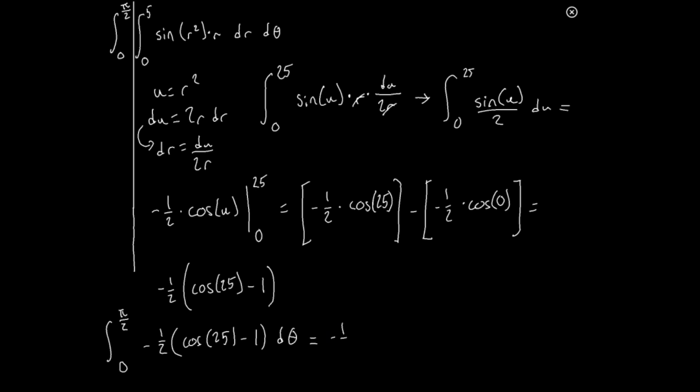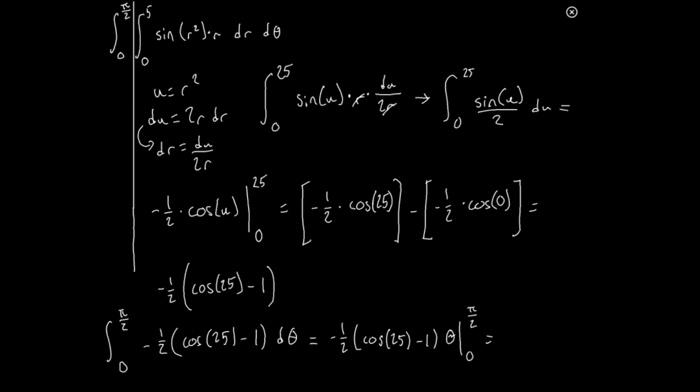So minus 1/2 cosine 25 minus 1 theta from pi over 2 to 0.